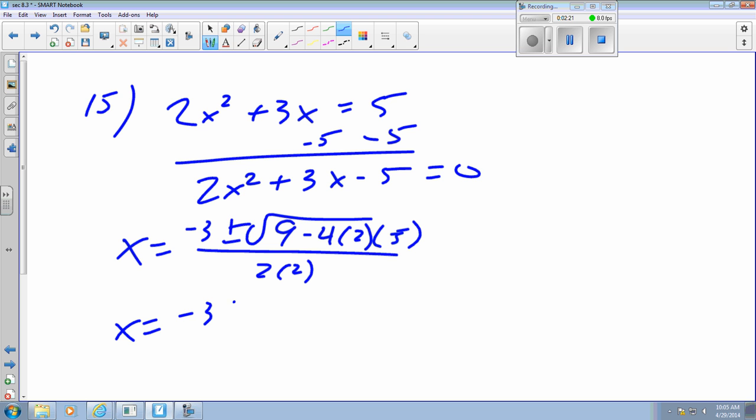Simplifying that, I get negative 3 plus or minus negative 4 times 2 times negative 5 gives me positive 40, because negative times negative is positive. 40 plus the 9 gives me square root of 49, which is 7 over 2 times 2 is 4.